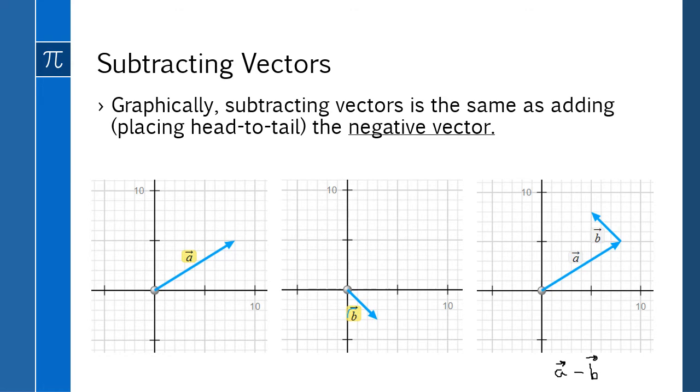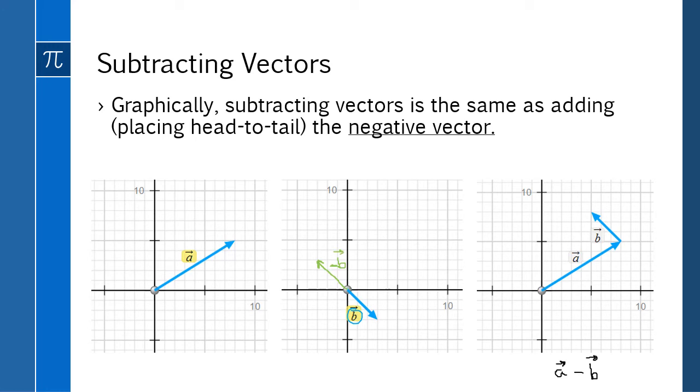I'm shown it right here. Well, then what is negative B? Well, negative B is going to have the same length and just go in the opposite direction. So if B is going to the bottom right, negative B is going to go to the top left in equal distance. So that would be negative B.